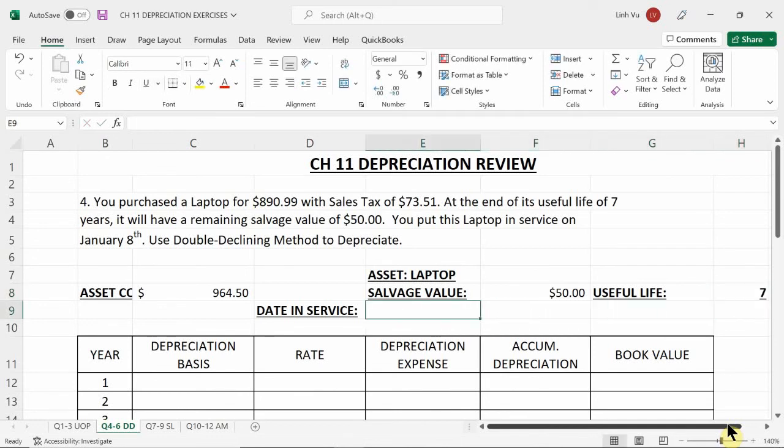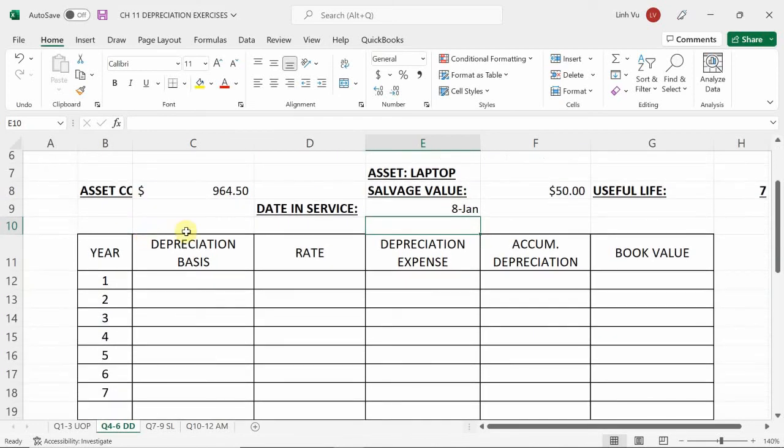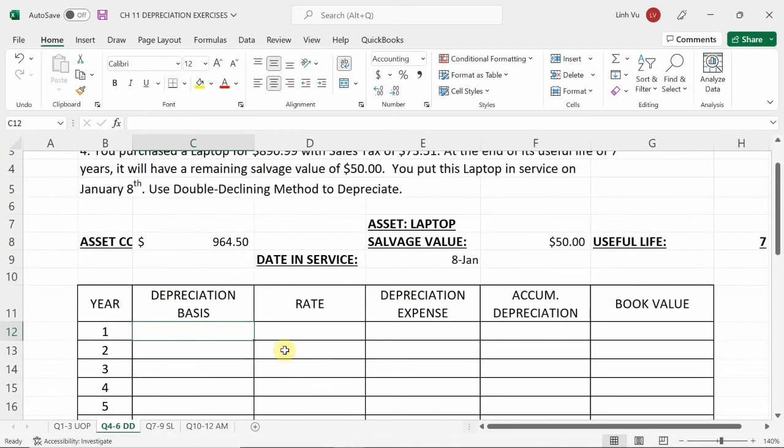And when did I place into service? January 8th. Good. So when do I actually start depreciating it? Now. What do you mean by now? You would be using it for the month of January. Good. Correct. All right. So what's my depreciation basis going to be for double declining?